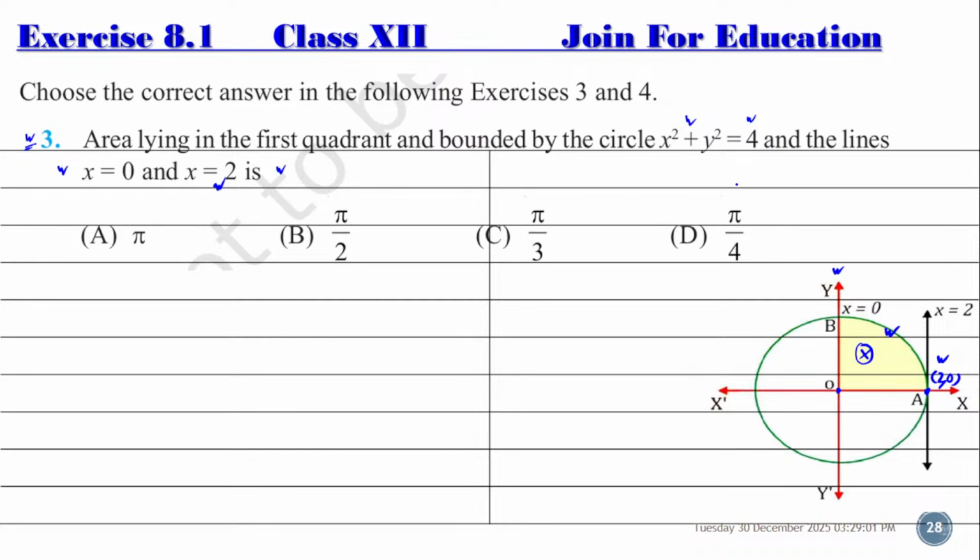And when x equal to 0, then y equal to 2. So the coordinate of this point is x equal to 0, then y equal to 2. So here x changes from what? 0 to 2. So the area will be what? Y into dx. So let's see the solution of this question.